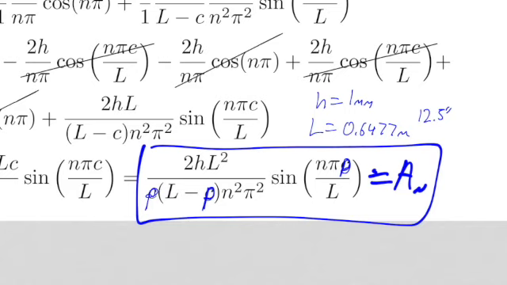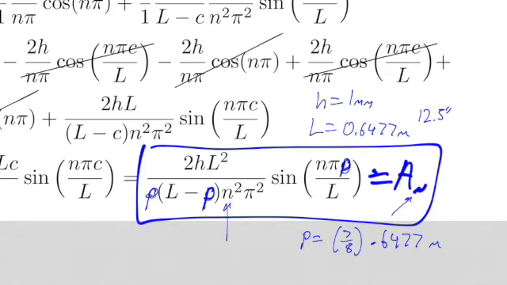So P is going to be equal to 7/8 of the scale length. So it's going to be 7/8 times 0.6477 meters, right? And then n is what we choose to decide which n we're interested in.